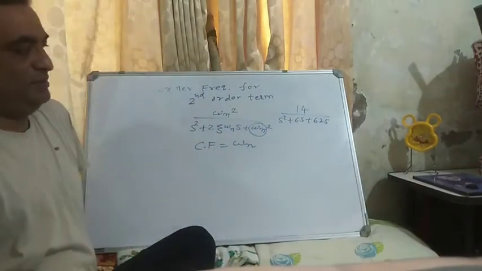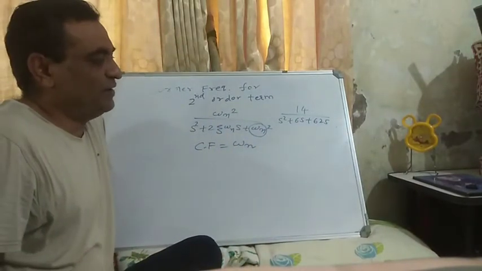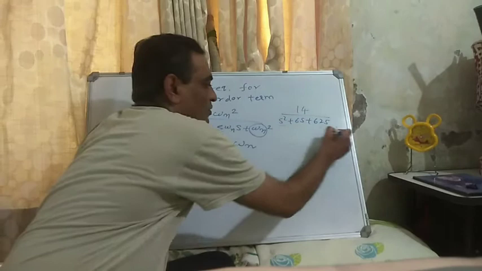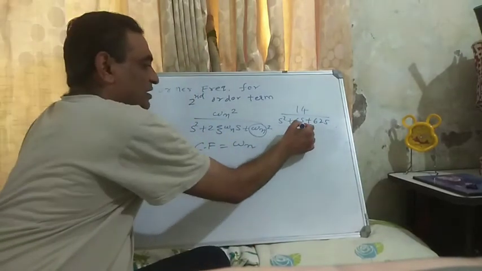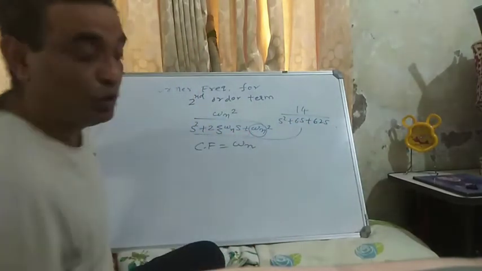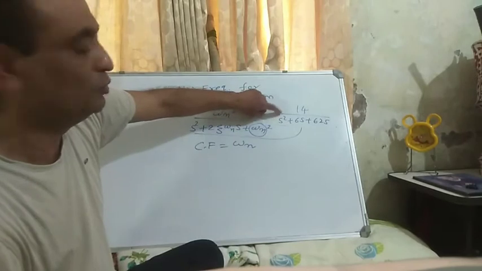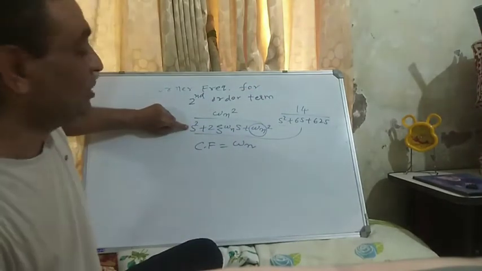Let's say this is the system G of s, H of s. Now this can be compared with the standard form. Note that the coefficient of s raised to 2 should be 1. Then only can you compare.